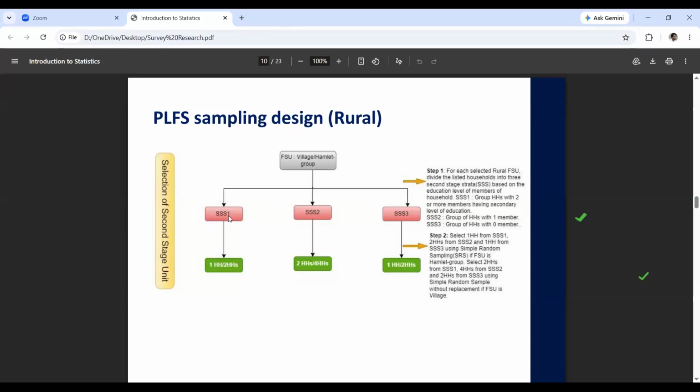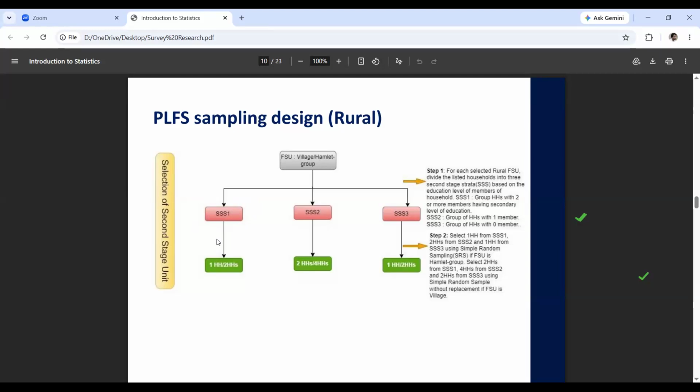In rural areas, they make 3 groups. SSS1, this is second stage stratum 1. These are the households with two or more members having secondary level of education, 10 or more years, matriculation or more.